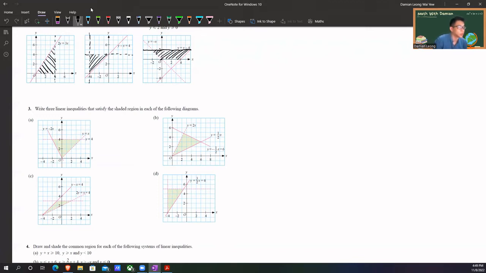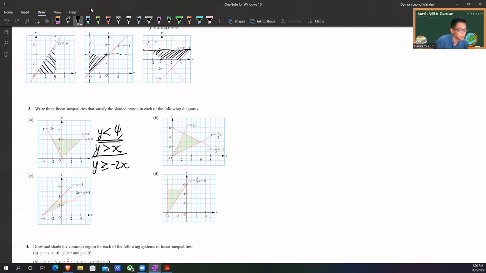Shaded region is below this line, so less. Dotted line, there's no equal, so y less than 4. Then the y equals x is above, so more than. Y more than x. Dotted line also, so no equals. This one, y equals negative 2x, is above, so more. Solid line, that's equals, so y more or equals negative 2x.